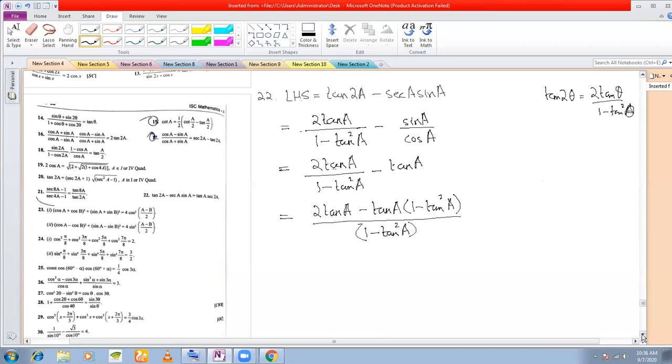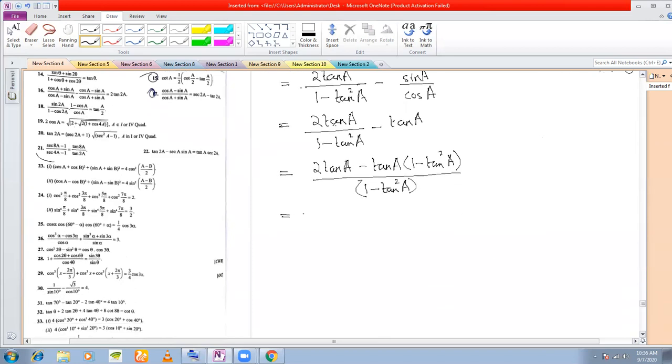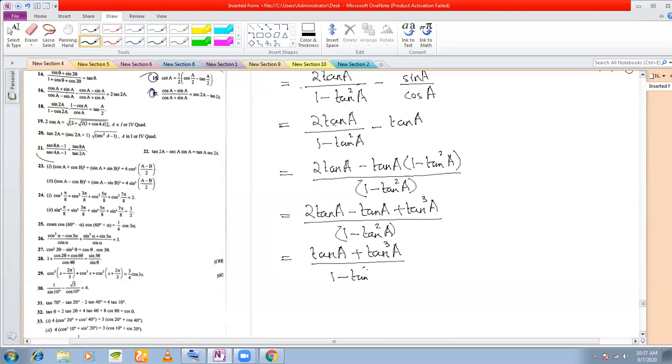Okay. Now what you get here is 2 tan a, you open the brackets, minus tan a plus tan cube a divided by 1 minus tan square a. Now 2 tan a minus tan a will give you simply tan a, and this is tan cube a divided by 1 minus tan square a.